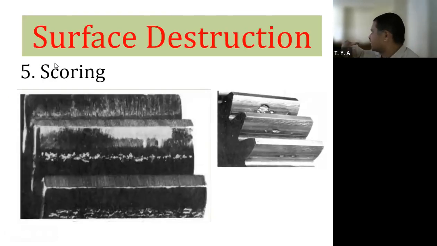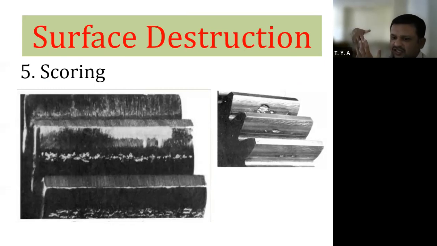When two gears are in contact with each other, lubrication is there. But since heavy pressure exists at the contact point, there are chances that the lubricating film or oil film gets broken. Because of heavy pressure between the two gear teeth, the oil film breaks and metal to metal contact takes place.